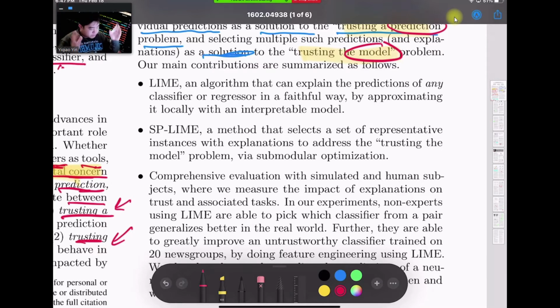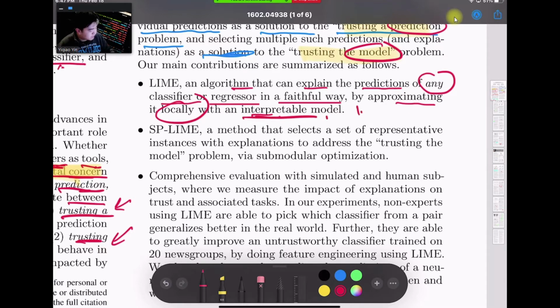Okay, so let's take a look. Number one contribution, LIME. An algorithm that explains the predictions of any classifier or regressor in a faithful way by approximating locally with an interpretable model. And I think there are a couple of implementations online using interpretable models as simple as linear regression, right?